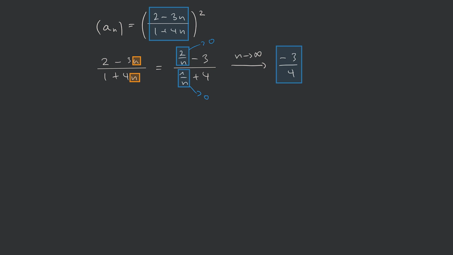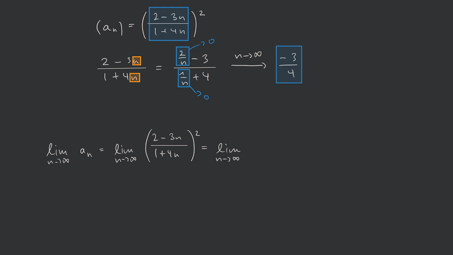Now from our rules for limits, we have lim n to infinity a_n equals lim n to infinity of the expression above with the brackets, so (2 minus 3n over 1 plus 4n) squared. And now, because this is a square of two expressions, actually a multiplication of two sequences, we can split up the lim on these two sequences.